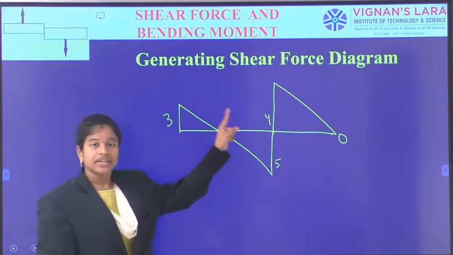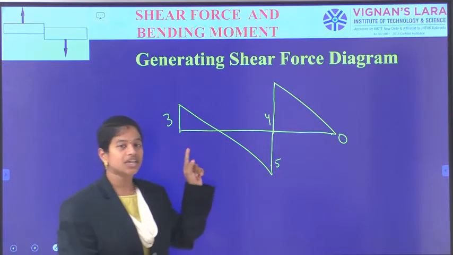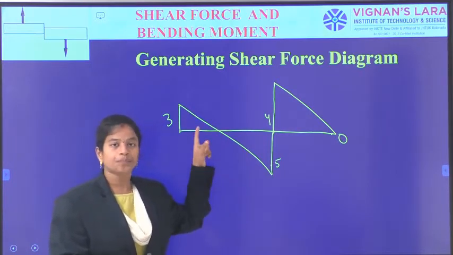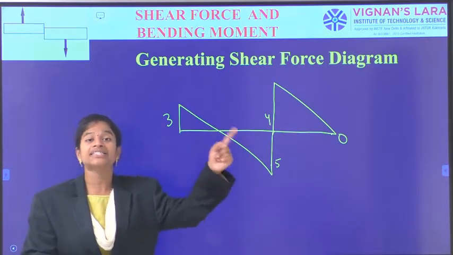So here in between A and B, I can observe one special point where the shear force becomes equal to 0. That point I need to look at, because it will give me the position for maximum bending moment.